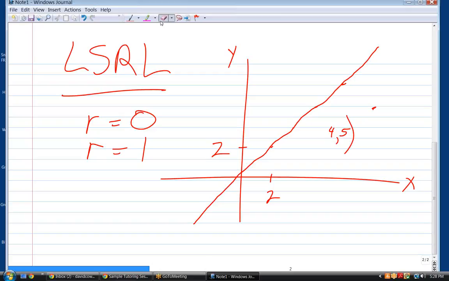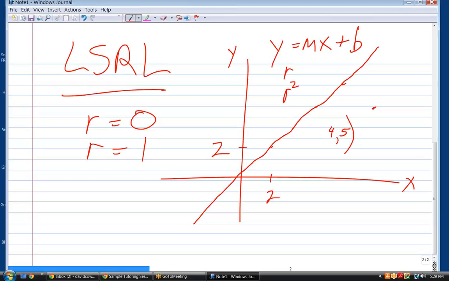Well, you can do linear regression on the TI-83 also. What it ends up giving you is the line defined as y equals mx plus b. You familiar with that? And then it gives you r, and it gives you r squared. r squared is maybe a little more accurate measurement of the accuracy of the line.